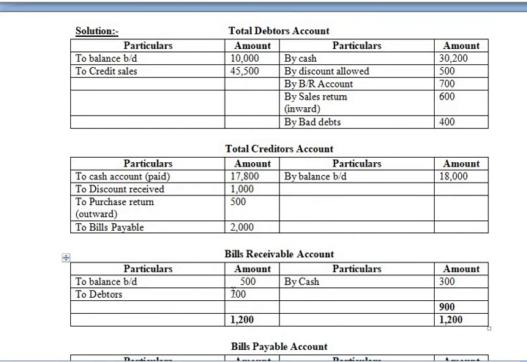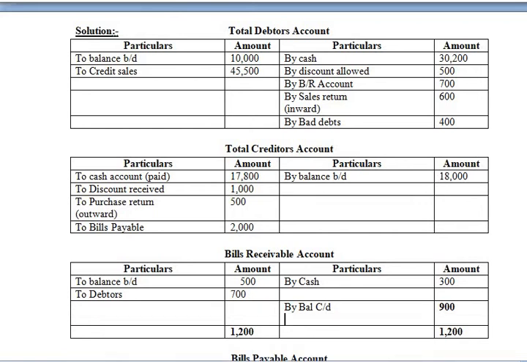We have got the debtors account also, so we need not take this amount to the debtors account. So by balance carried down, and this amount will go to the balance sheet in the bracket balancing figure, close the bracket.